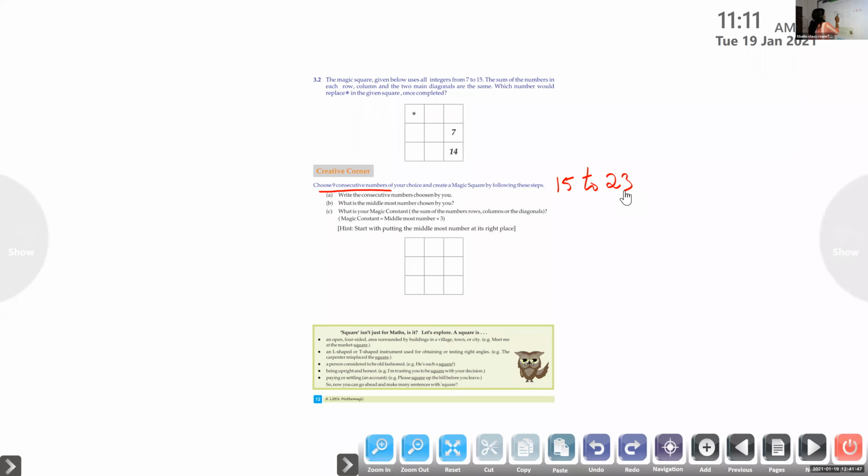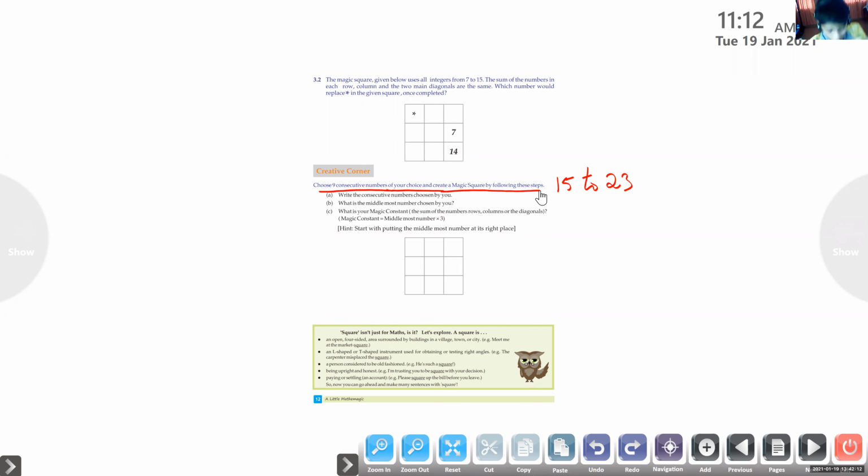Choose 9 consecutive numbers of your choice and create a magic square. The steps you know already. That trick is not given here. Using this fact, you find out what magic square can be made using these columns. If you don't have the book, just draw a 3 by 3 matrix like this and do it now in the rough book.